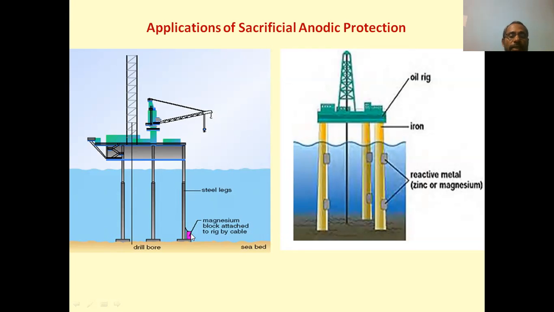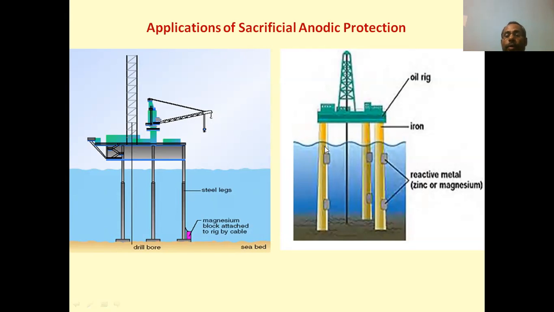As a result, it sacrifices itself to protect the iron metal. We have seen from the activity series that magnesium and zinc are more reactive. That's why magnesium is used here, and magnesium can also be placed here.